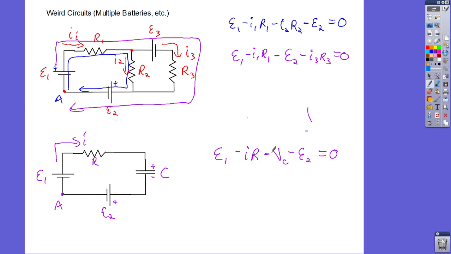And remember, the voltage across C is equal to the charge over the capacitance minus E2, and so on. So that might be useful. Okay, so hopefully that covers a lot of that and reminds you of some of the things that you may see on the AP exam.